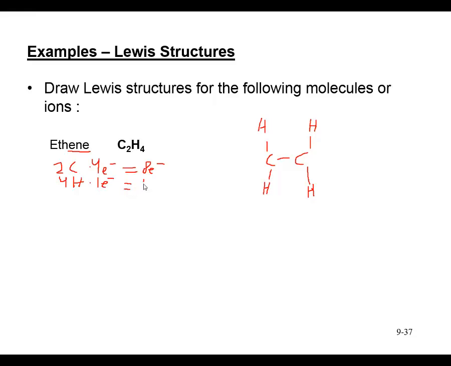So I have 4 total valence electrons from all the hydrogens involved. So if I look at this, I have 12 valence electrons to build my structure out of. Let's see how many I've used so far. So I've used 1, 2, 3, 4, 5, 6, 7, 8, 9, 10. So I've used 10 so far. So I only have 2 more valence electrons to build my structure out of.